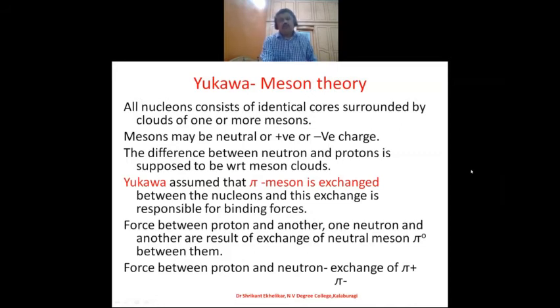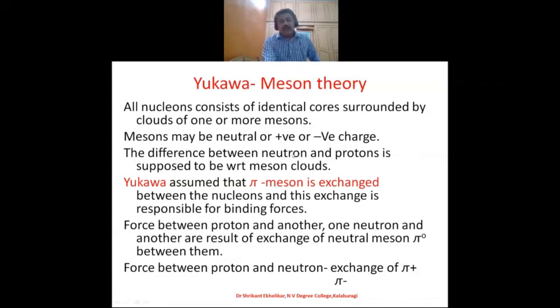So these three kinds of mesons, a positive meson, a negative meson, or a neutral meson, are responsible for the protons and neutrons inside a nucleus.